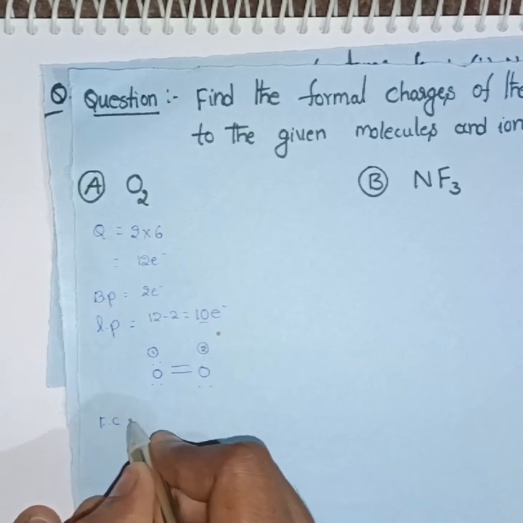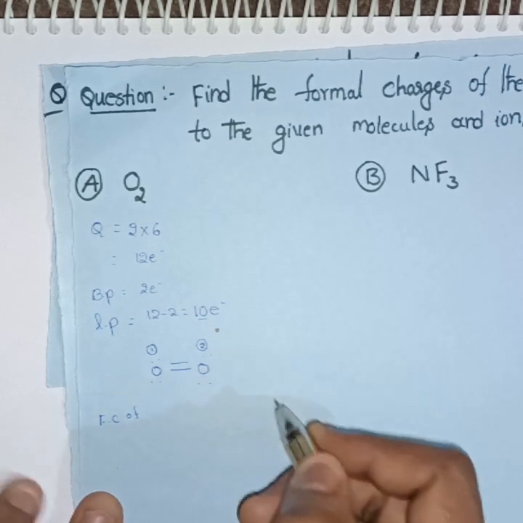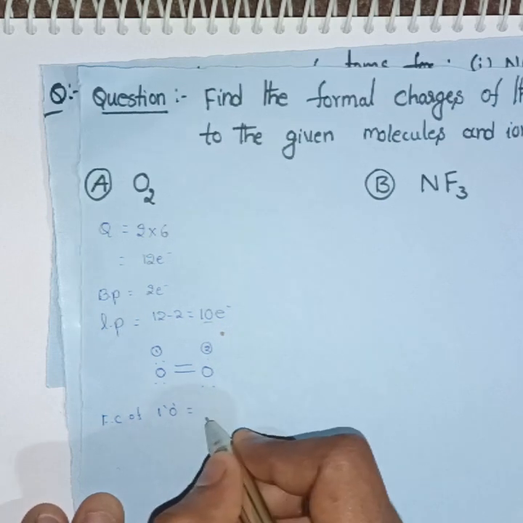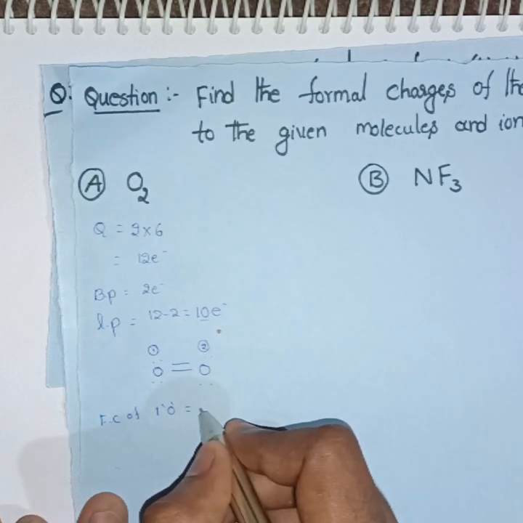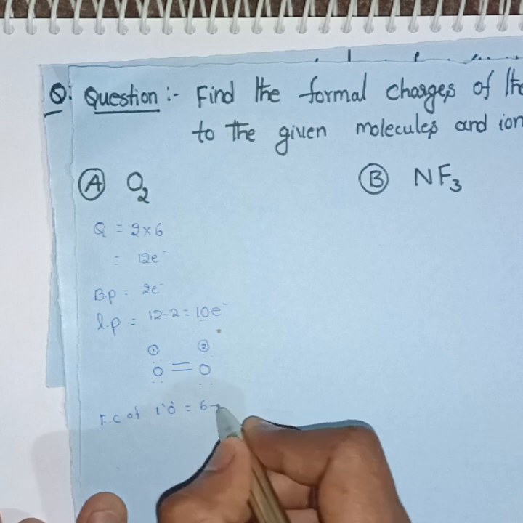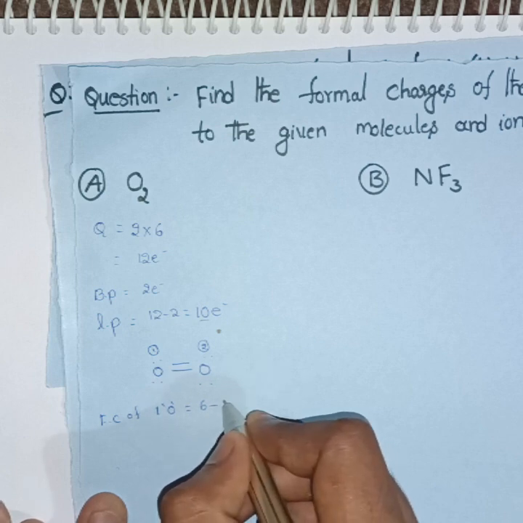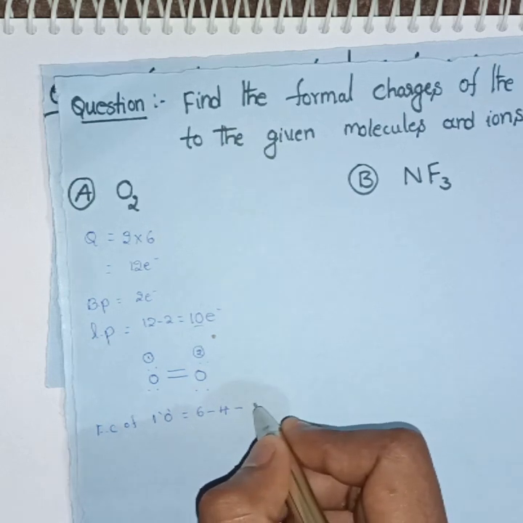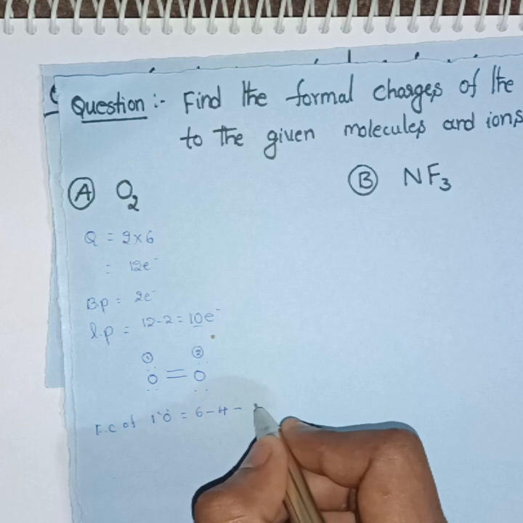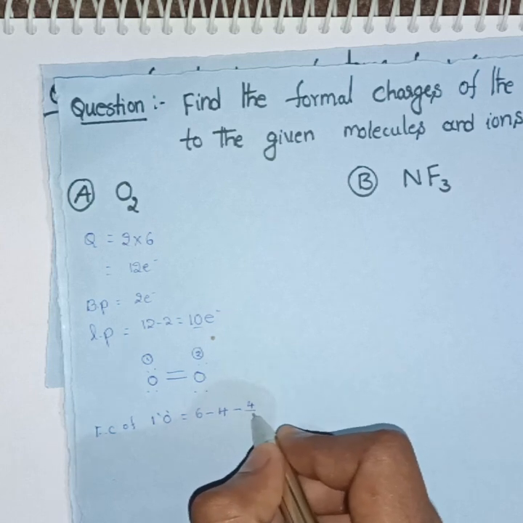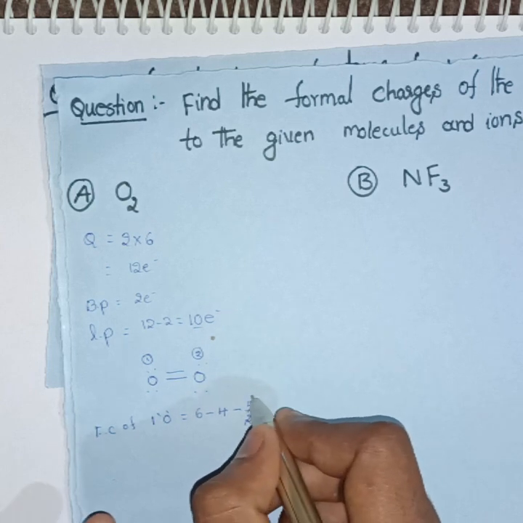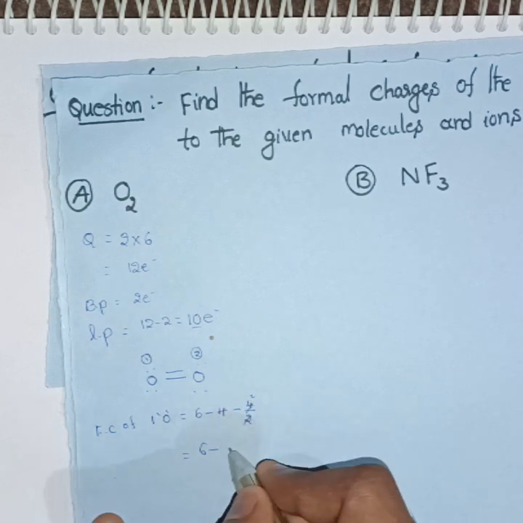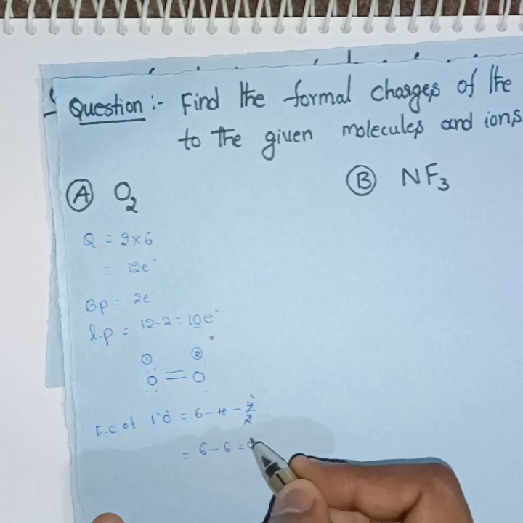Formal charge of the first oxygen atom is equal to valence electrons of oxygen 6 minus lone pair electrons on the atom 4 minus number of bonded electrons on the atom 4 by 2. 2 ones are 2, 2 twos are 4. There you get 6 minus 6 is equal to 0.